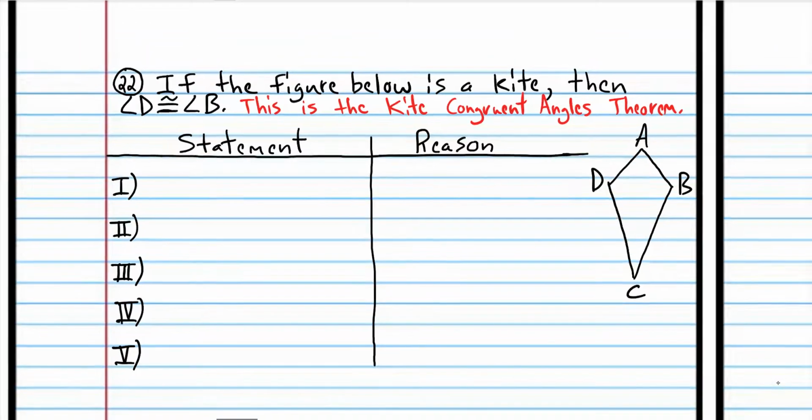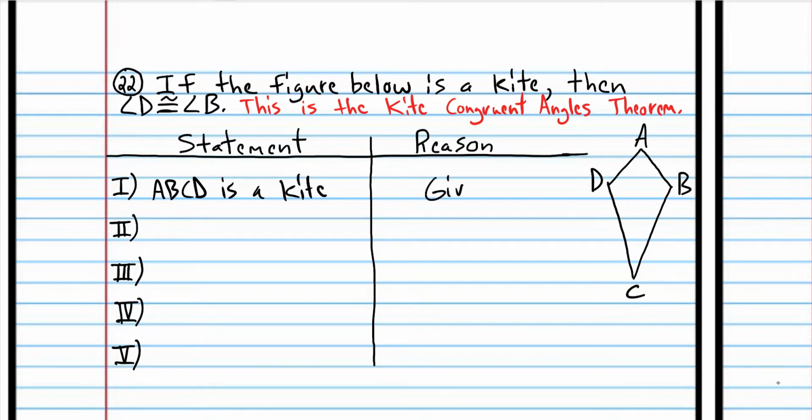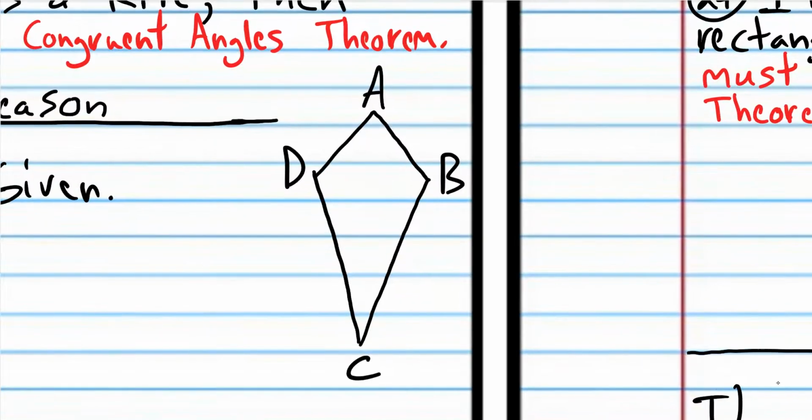So the given information is that ABCD is a kite, and what we're going to do is we're going to prove that this triangle is congruent to this triangle and then use CPCTC, corresponding parts of congruent triangles are congruent, to show that these angles are congruent.